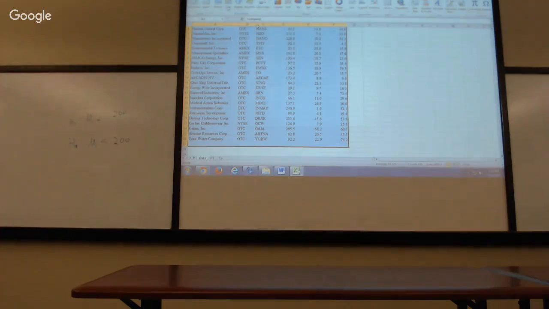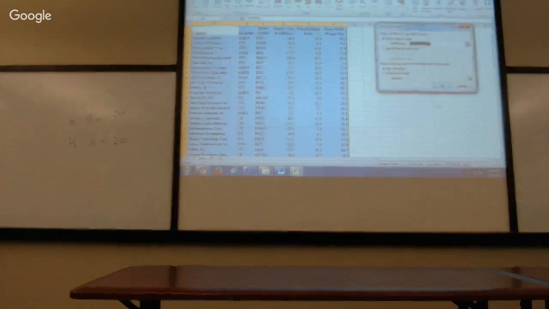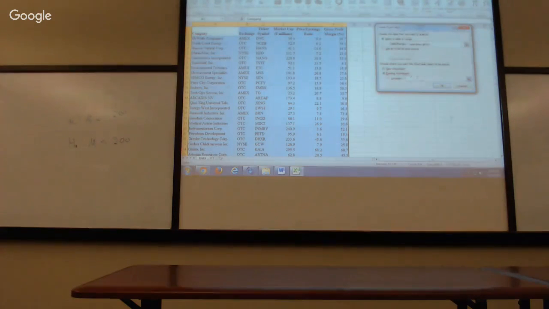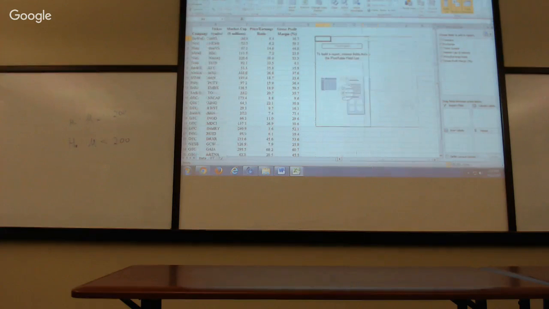We insert a pivot table. We can tell it where we want the output. Hit OK, and then we start a pivot table there.